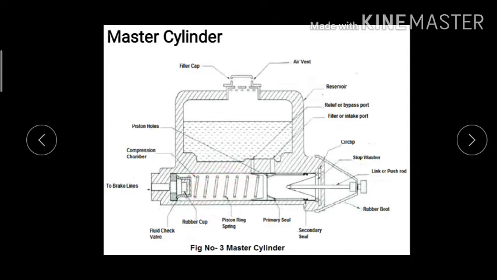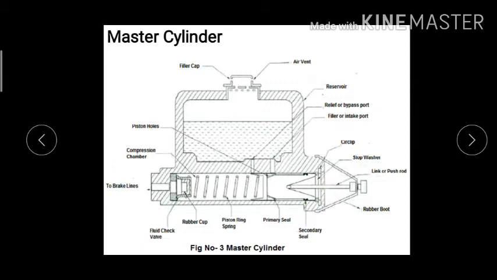Whatever is here, there is no oil flowing into this because of the primary seal, and the secondary seal does not allow the oil to flow out of the master cylinder.